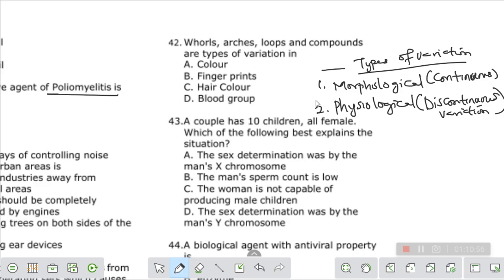Now, why is physiological variation also called discontinuous variation? They are the behavioral things. So physiological variation involves behavior.